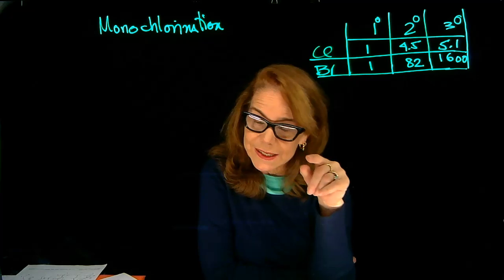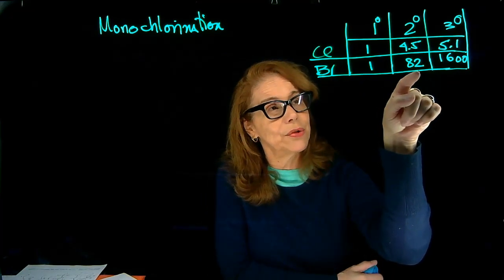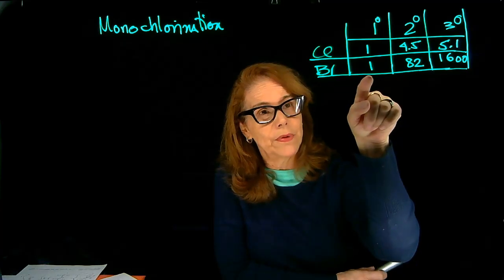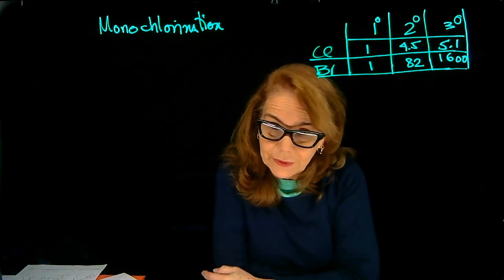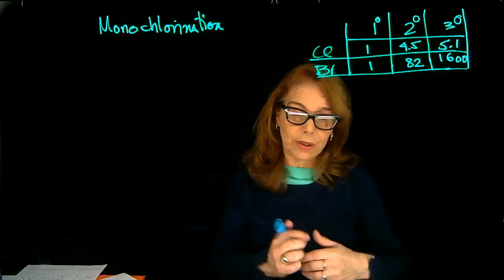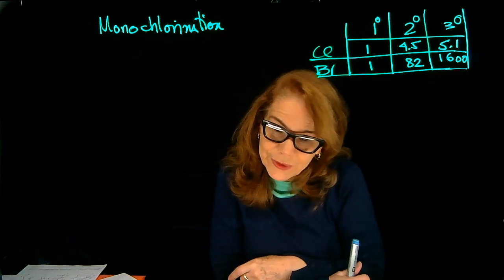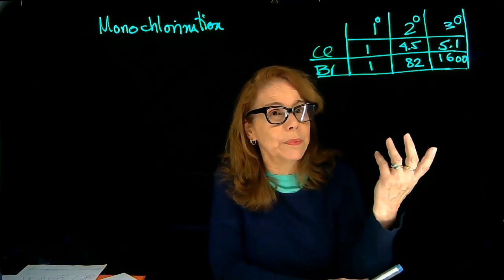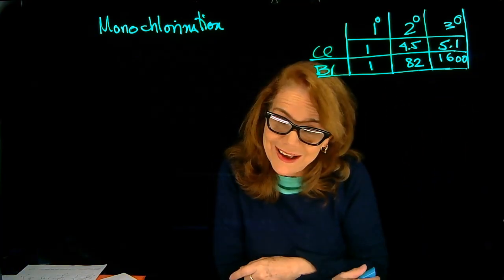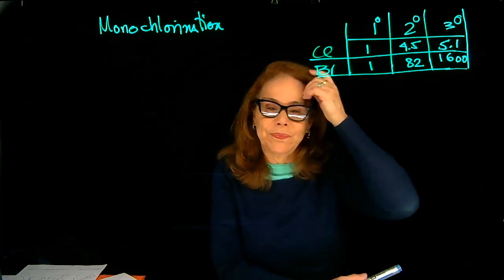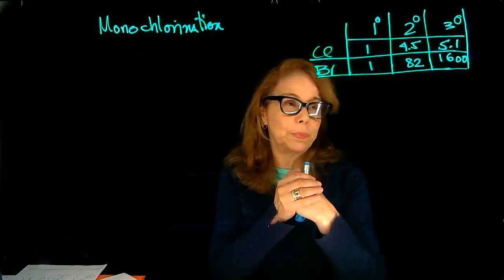Now, bromine is much more selective, and you will have 82 with respect to the primary position. The secondary relative reactivity is 82, and 1600 for the tertiary. That's saying that pretty much when you do bromination, you get almost one product, the more stable radical is the preferred product.